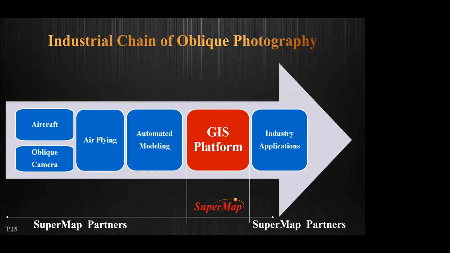First, we need to use an aircraft or oblique camera to fly and catch pictures from different angles, and then do automated modeling. After that, we can use the GIS platform to do the visualization and management of those data. And based on the GIS platform, we can establish a lot of different types of industry applications.